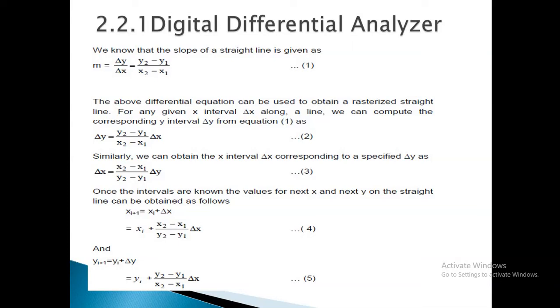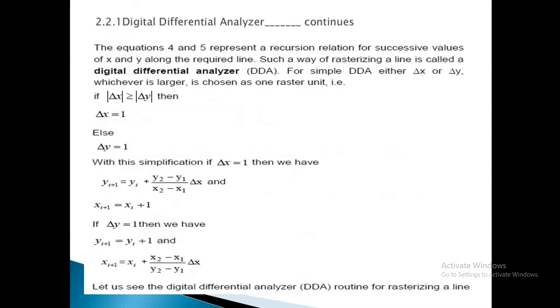Then we check whether delta x is greater than delta y or not. If delta x is greater than delta y, then delta x is equal to 1, else delta y is equal to 1.